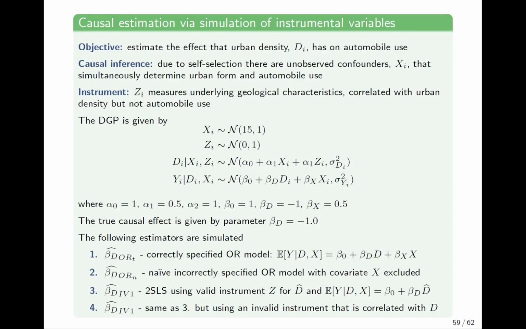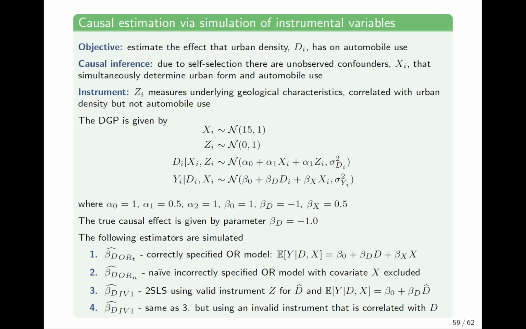So there's a reverse causality and confounding going on here, which is where instruments are very useful, because we don't observe these self-selection factors. We have an instrument Z that measures, let's say, some underlying geological characteristics which are correlated with density but not with automobile use.